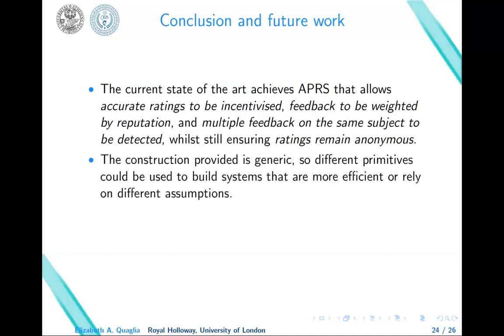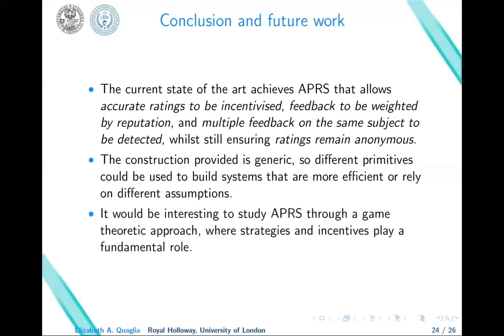And obviously, thinking forward, a direction for future work is to think of different primitives that could be used to instantiate the system in a more efficient way or relying on different assumptions. And another area that's very interesting to explore is to study APRS through a game theoretic approach, because we're using incentives and strategies.